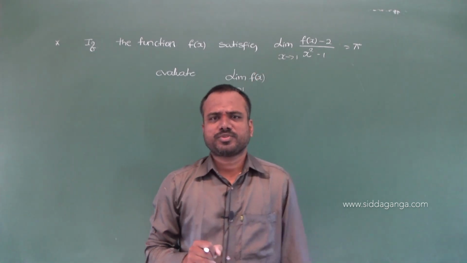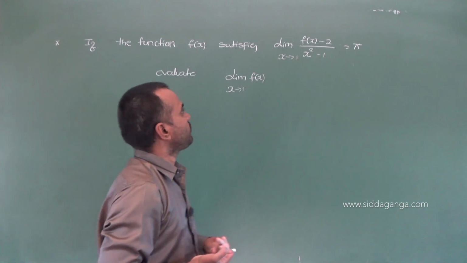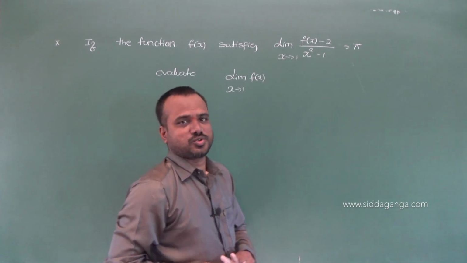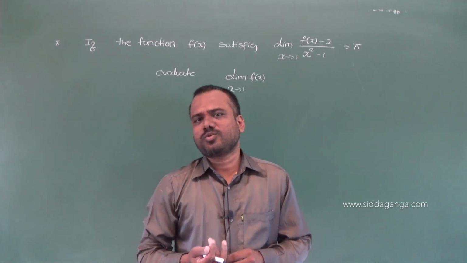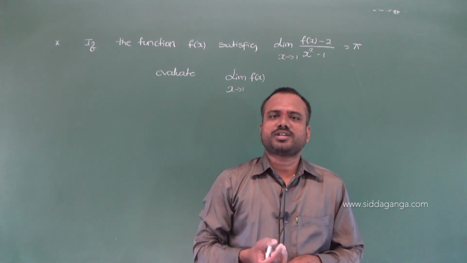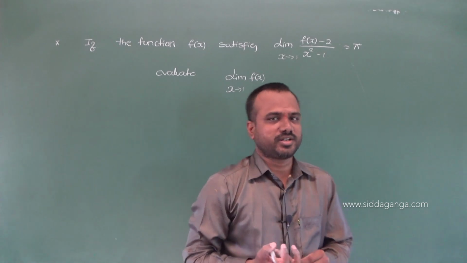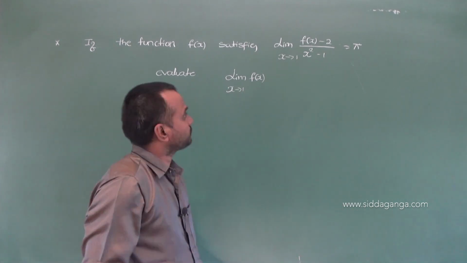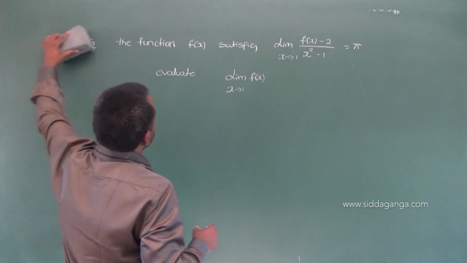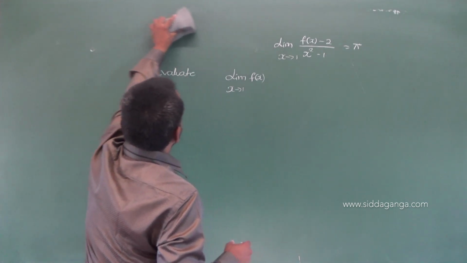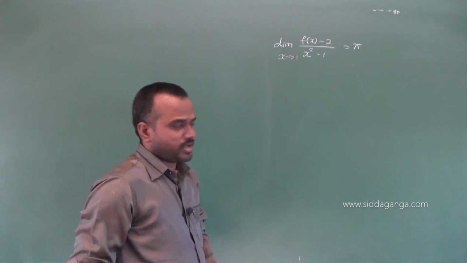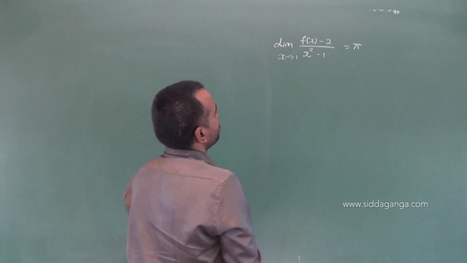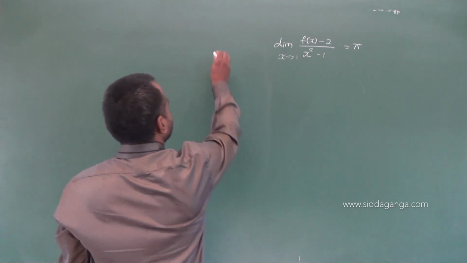Different problem, simple problem. Evaluate limit x tends to 1 f of x means we are finding what? Limit x tends to 1 f of x. Okay. If the function satisfies limit x tends to 1, f of x minus 2 divided by x square minus 1 is equal to pi. This is given.